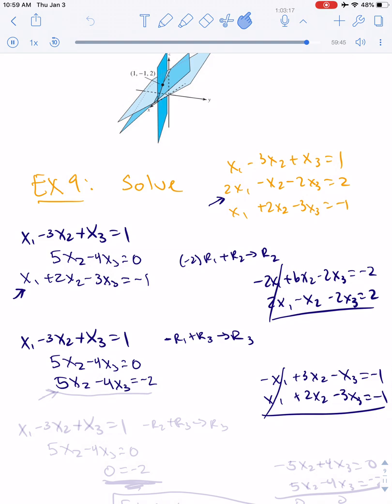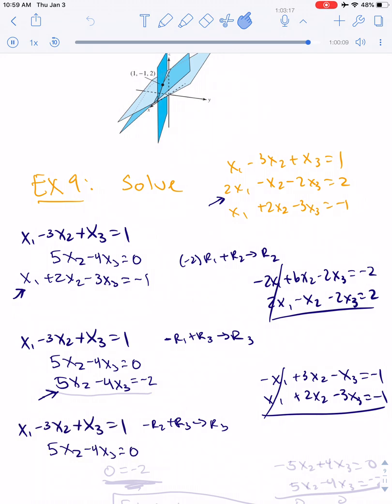I'm going to keep going. Now I'm going to get rid of the second term of the third row. We do that by multiplying the second row by -1, adding it to the third row, and making that my new third row. So the first two rows stay the same. Paste.